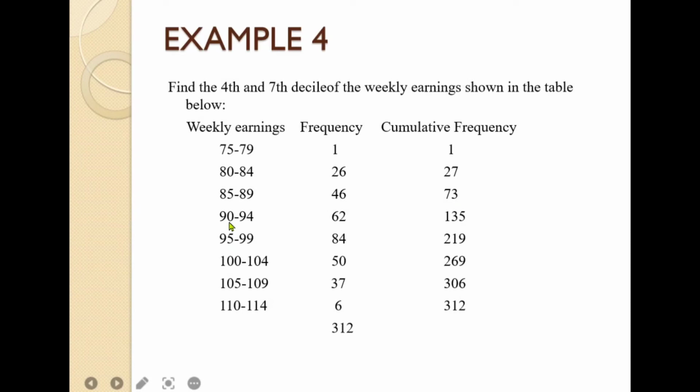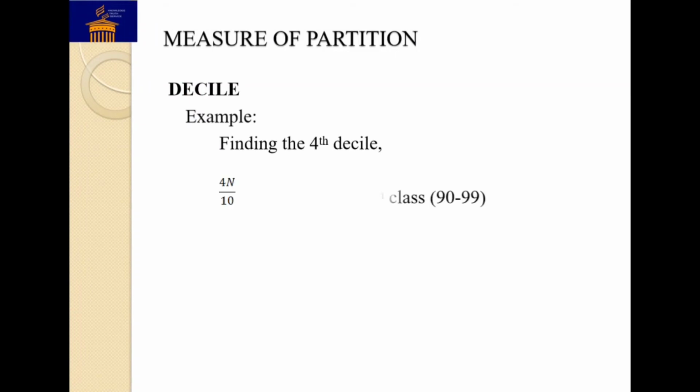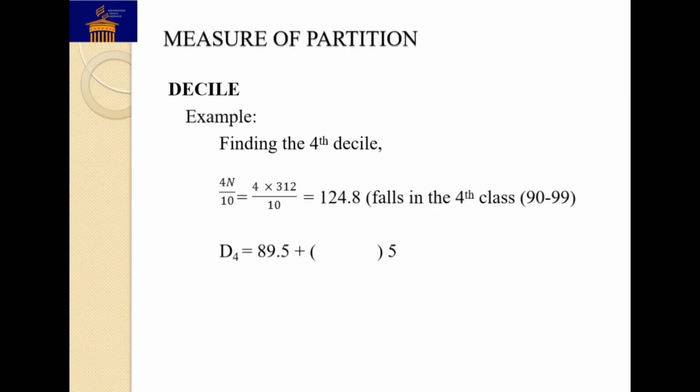Based on this, it means the lower class boundary is 89.5. Now let's look at this. We can see that the fourth class is between 90 to 99.